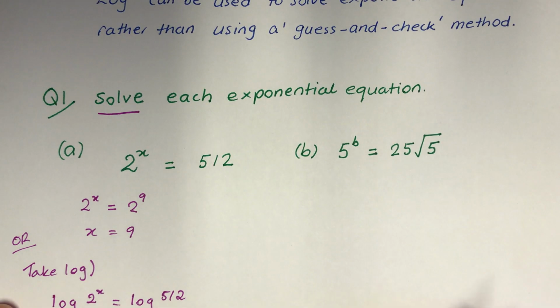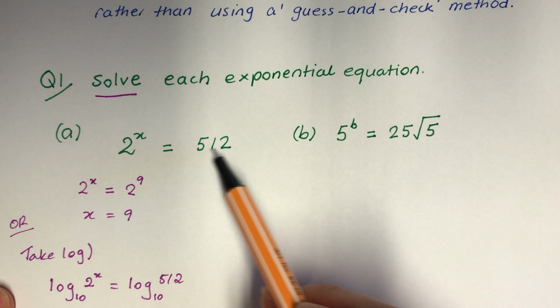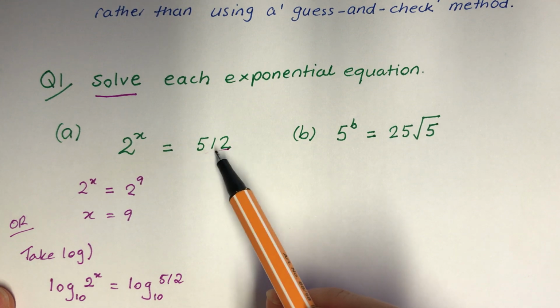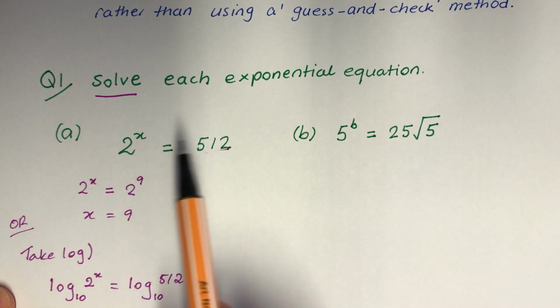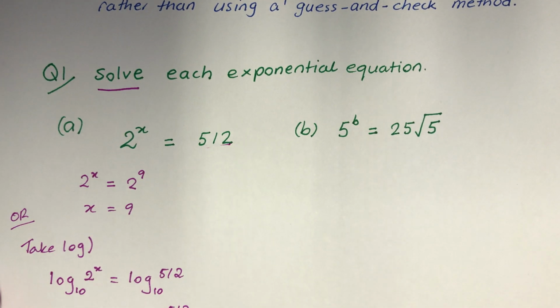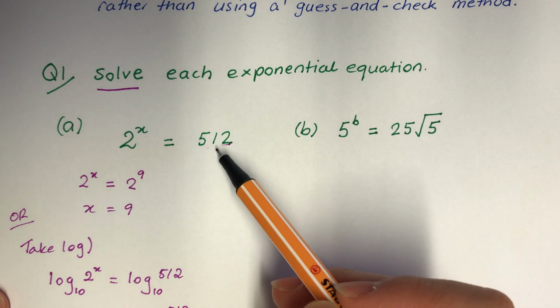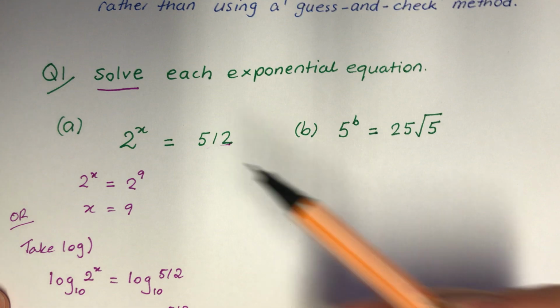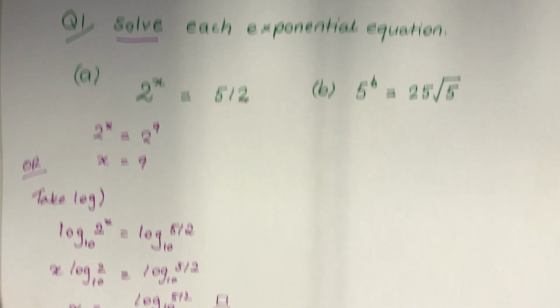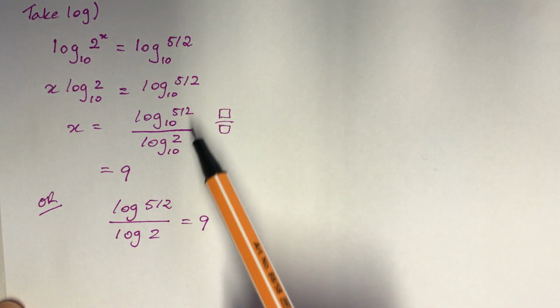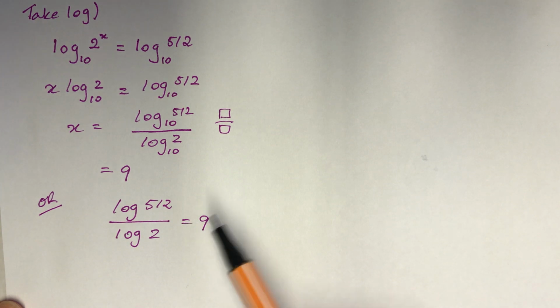So basically that goes on the top: log 512 over log 2 will give us 9. That means 2 to the power of 9 is 512. So you can just write this straight away. Okay, so that's what it is.